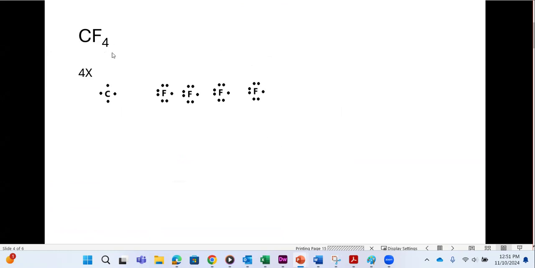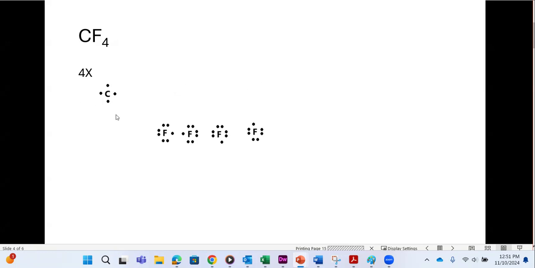So if we start with something like CF4, we have the carbon, it has four unpaired electrons from the Lewis structure, and we know we're going to put four fluorines around, so it's just kind of intuitive then to rewrite it. In the normal way you learn it, you have one unpaired, and you just would rewrite it to make everything line up.